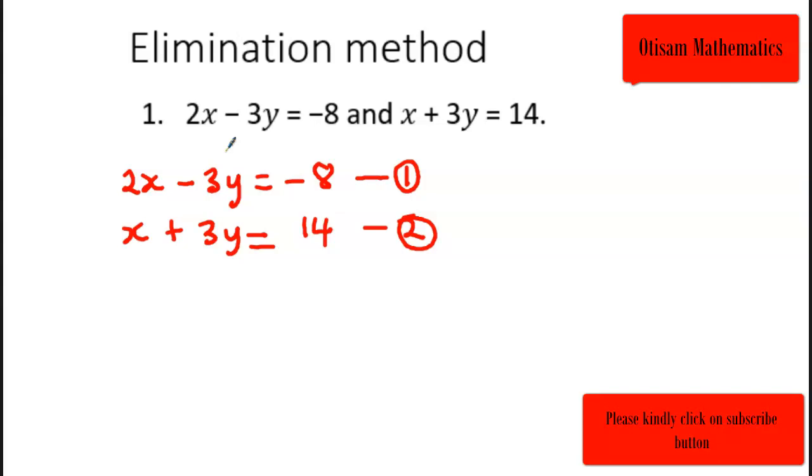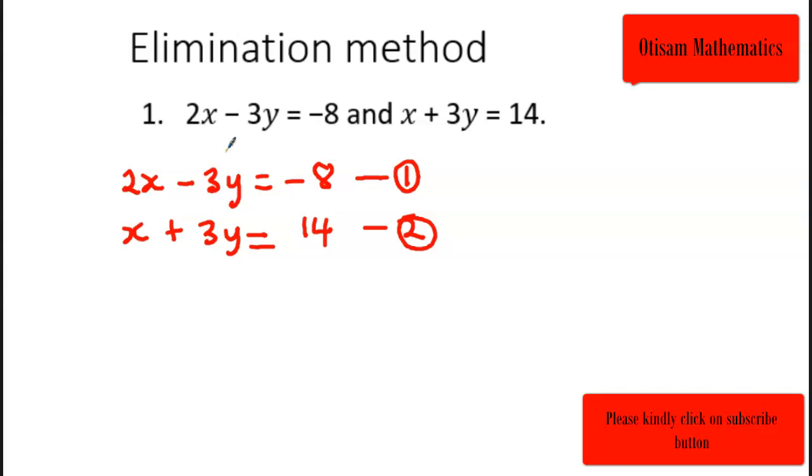Then we solve for the value of that variable. When we finish finding the value of the variable, we put it in any of the 2 equations and find the value of the other variable. So that's all about elimination method.